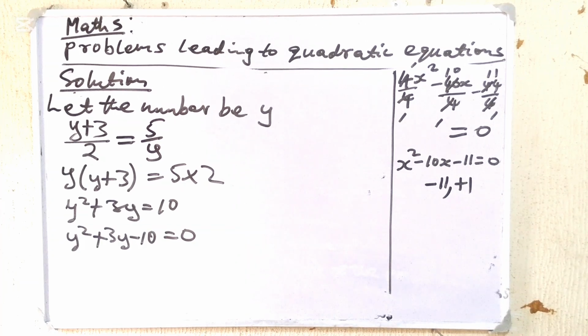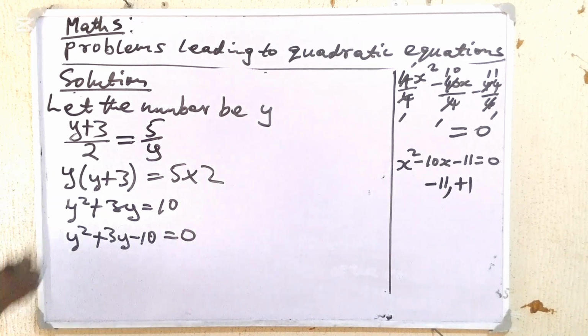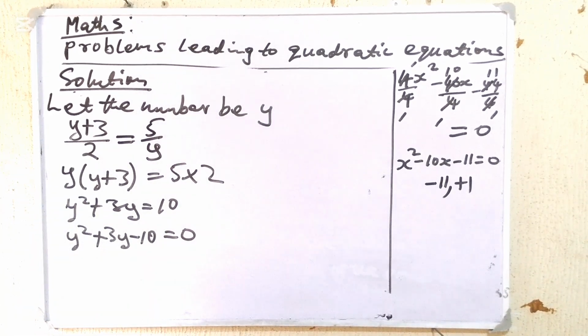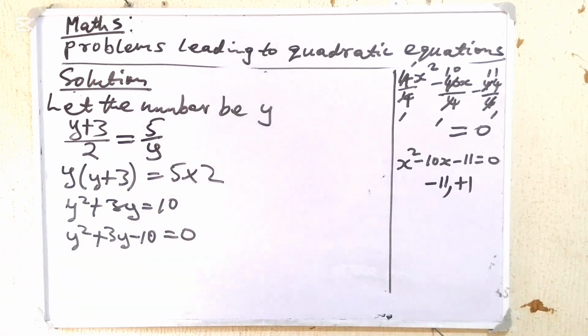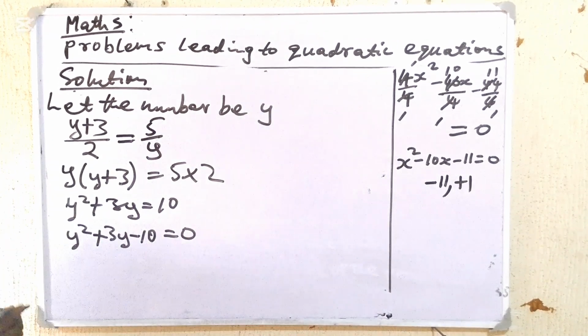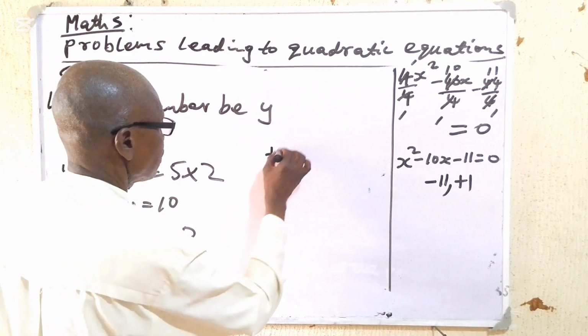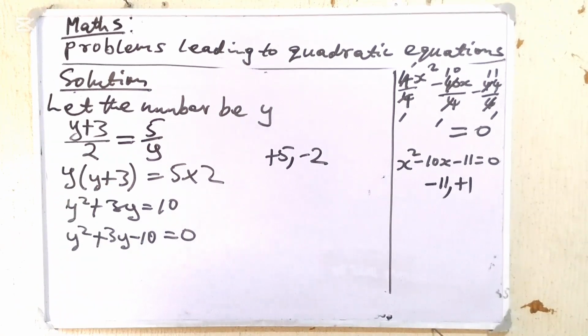Again, we can also apply any method here, but I think we should apply factorization straight away. And that will involve 5 and 2. So we have, because 2 times 5 is 10, and 5 minus 2 is 3. So we are going to use plus 5 and minus 2 as the factors we are looking for.